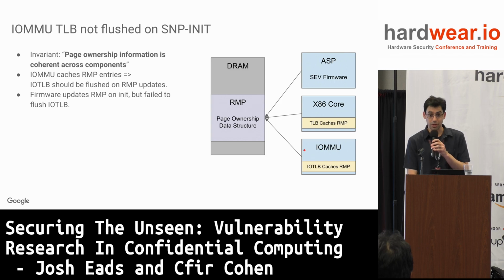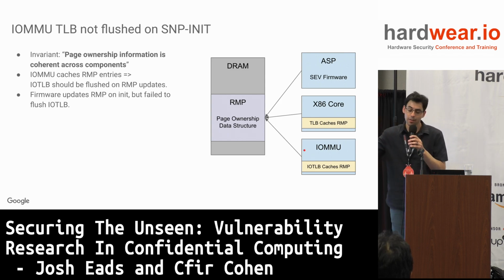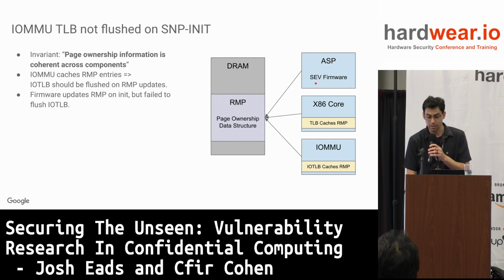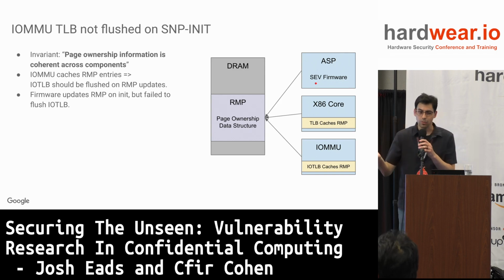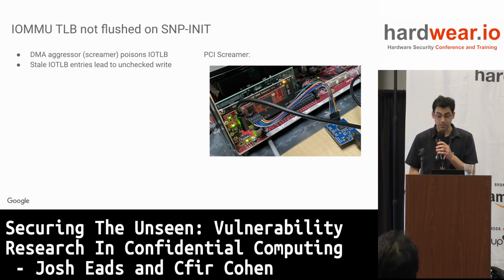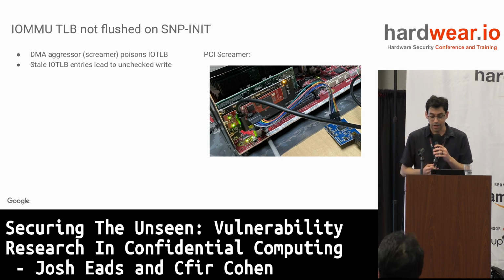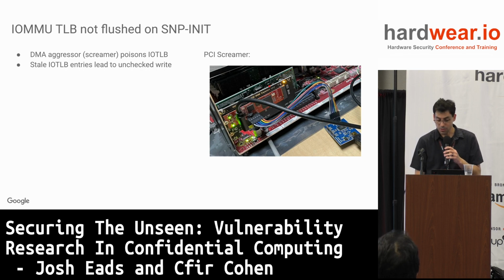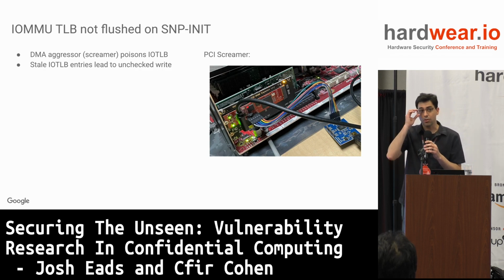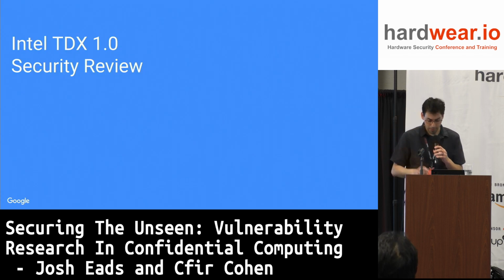Get the IOMMU to think that page X is owned by the hypervisor, but then the RMP actually converts that page to be owned by the firmware, and by having those stale IO-TLB entries, you could DMA over private pages. So this was another high-impact vulnerability. And here we used the PCIe Screamer, which is a PCI device that can be controlled over USB and can be used to both monitor the PCI traffic and send arbitrary bytes over it.